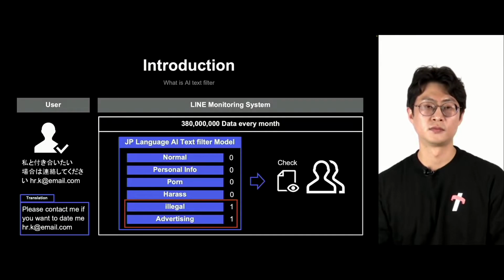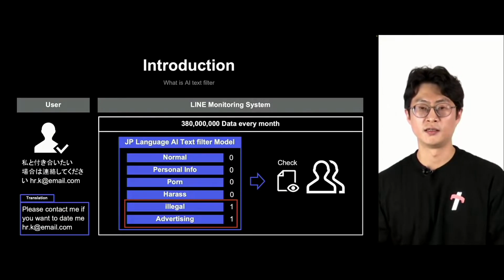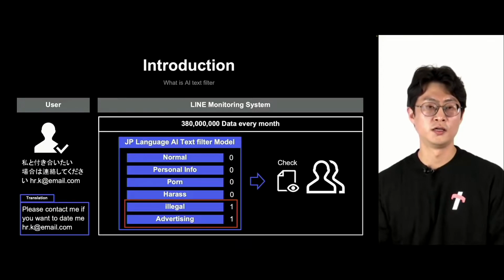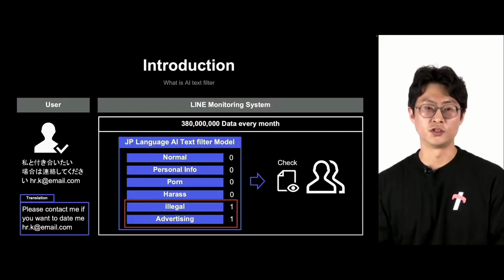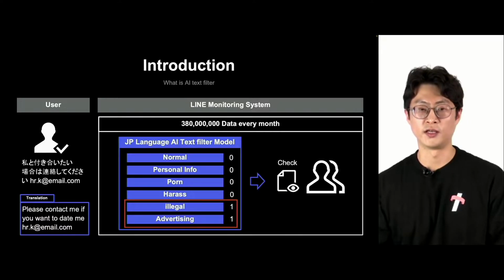So this is the introduction part. First of all, I'm sure you're all wondering what AI text filter is. AI text filter is a filter that is included inside the monitoring system of Line. If a user's text comes into the public service channel and enters the Line monitoring system, we can tell whether it is a general sentence or not a general sentence.